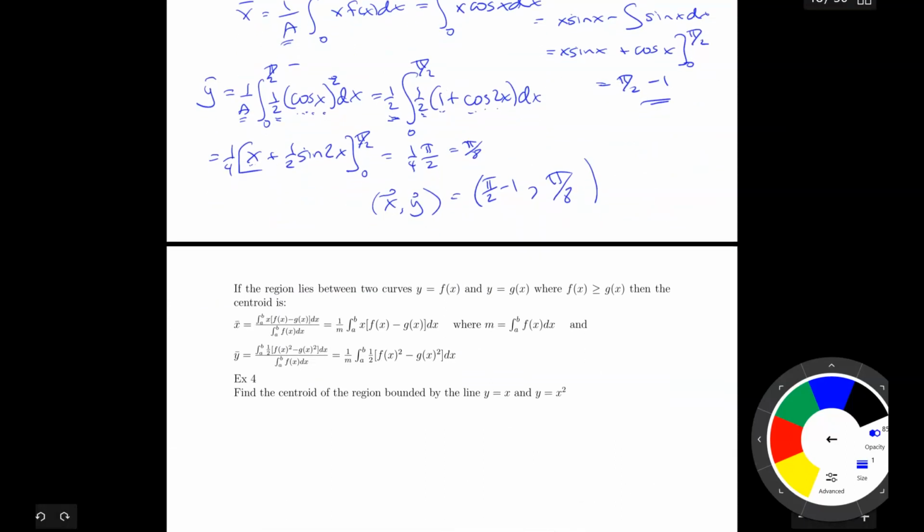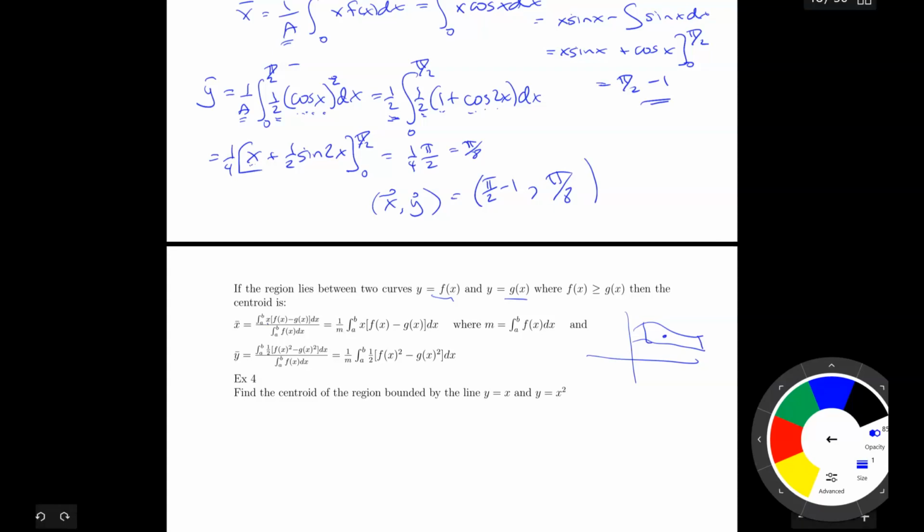All right, so moving on to another generalization. What if the area I'm finding lies between two curves? So there's the curve up here and a curve down here and some edges. I want to find the area between them. In general, the formulas are the same.